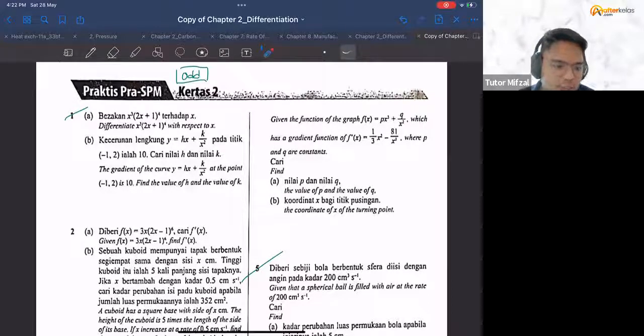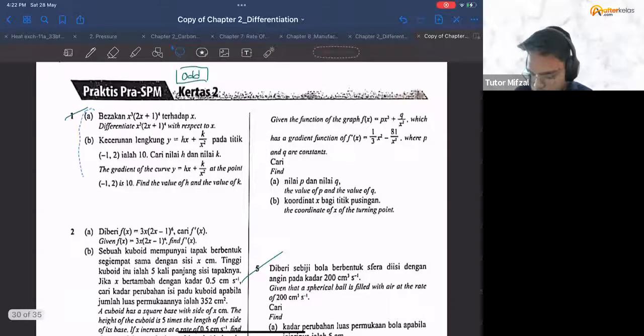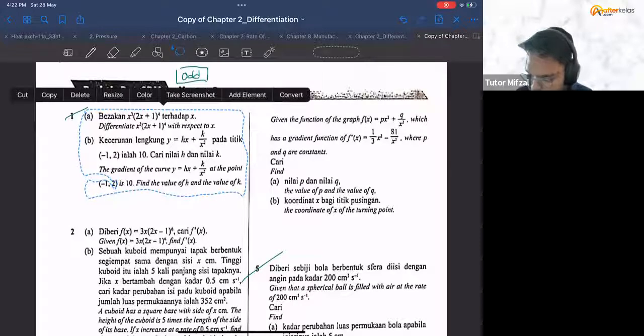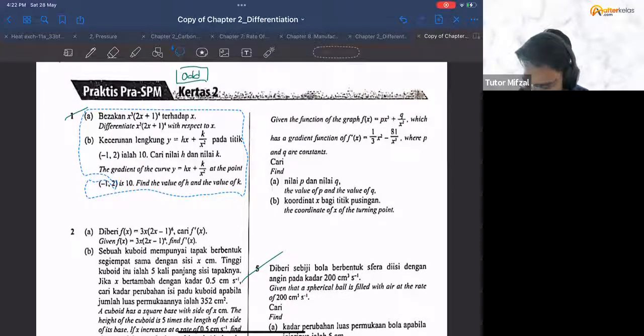All right. So the first one is differentiate x cubed times 2x plus 1 to the power of 4 with respect to x, and find the value of h and the value of k. So let me do this.